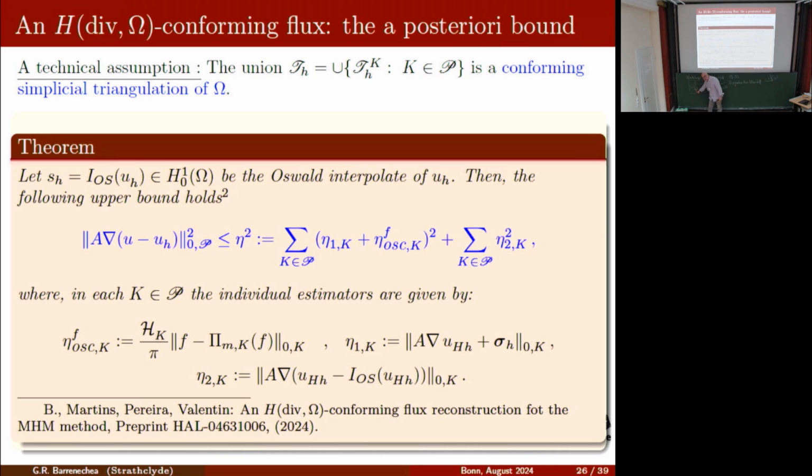It only appears in the interfaces because that's where we sacrifice conformity. And the other term is just oscillation, so don't think about that. But the key point is that we have a computable upper bound. And it can be proven locally efficient as well. And this is the work with Larissa, Wesley Pereira, and Frederick.